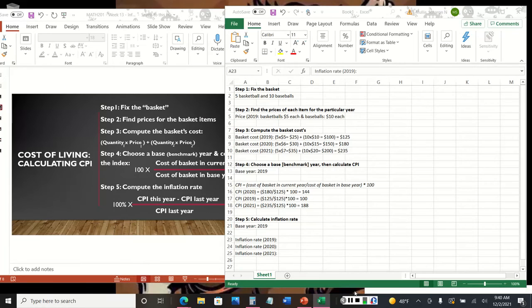For the inflation rate for 2019, we cannot calculate that because the base year, or the benchmark year, is 2019. So I'll just put in here, can't calculate because it's the base year.